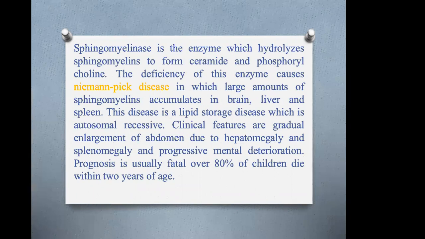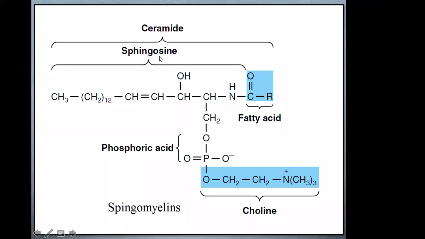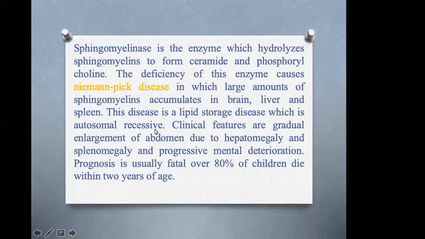This is an important point: sphingomyelinase helps in degrading sphingophospholipid. When the sphingomyelinase enzyme is deficient in a patient, the disease which occurs is Niemann-Pick disease. Please remember, deficiency of sphingomyelinase leads to Niemann-Pick disease.